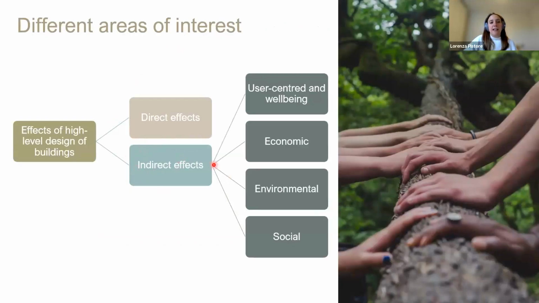If we look at the indirect effects coming from high-level designed buildings, we identified some main areas. This can be related to the user and to his well-being, but can also be economic effects, environmental effects, and social effects.